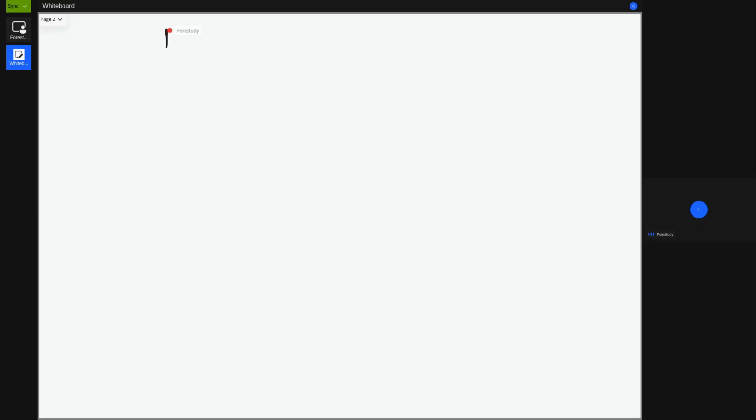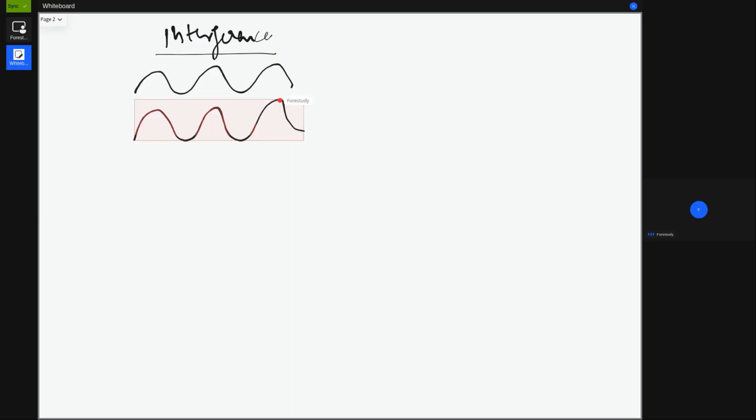Now, what is interference? Interference is just how X-rays are interacting with each other. Now you all know, I think, that when one ray superimposes another ray, then it will be constructive interference, and the amplitude will be much higher.